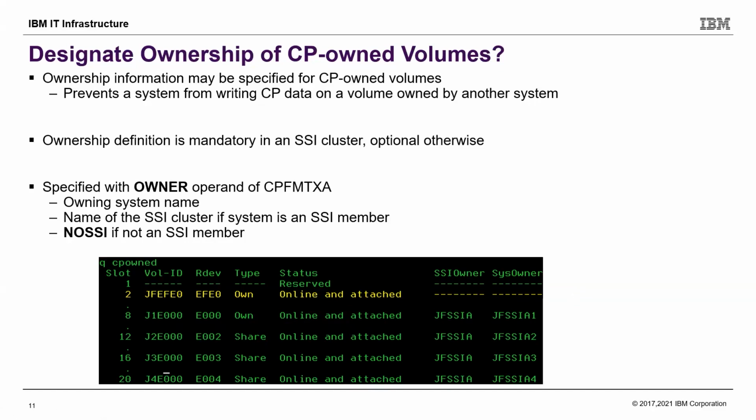So the system will detect that and will bring this volume online to my system, but only allow access to the perm space. It will not allow the system to access the CP formatted areas on the volume. And you'll see a message during IPL indicating that.